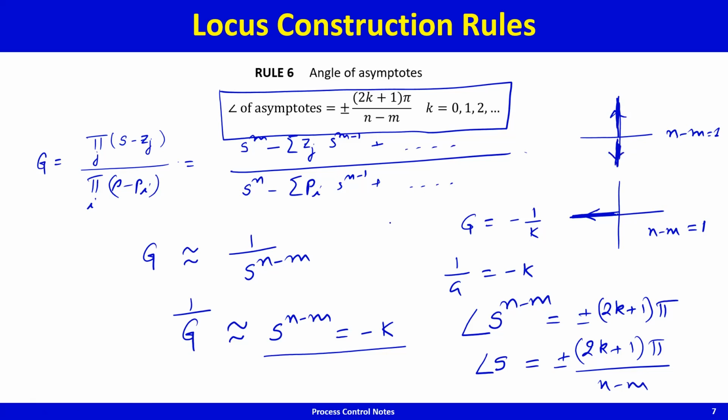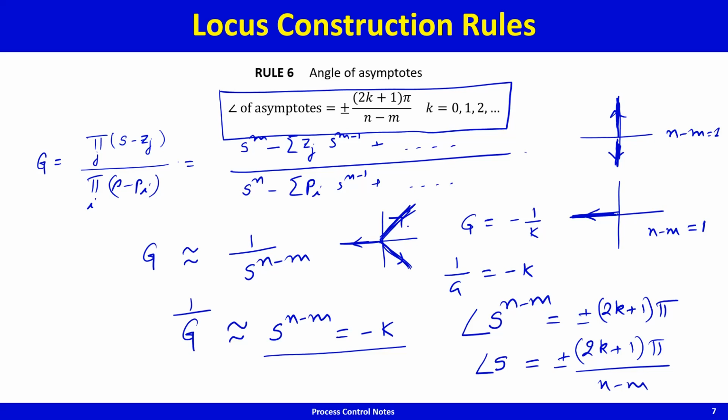For n minus m equal to 3, there are three asymptotes, plus minus pi by 3 and pi. So 60 degrees, minus 60 degrees and pi. Right now I'm showing all the asymptotes as passing through the origin, but these could be shifted also and they would still be satisfying the angle condition.